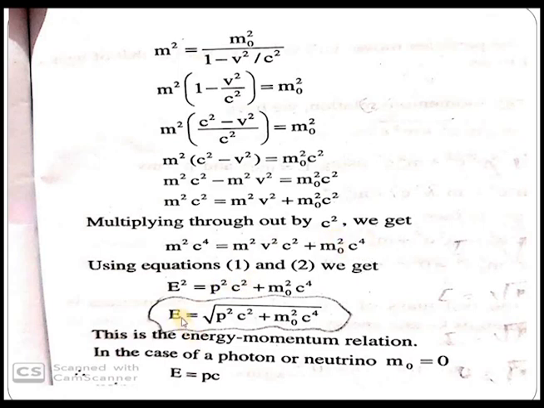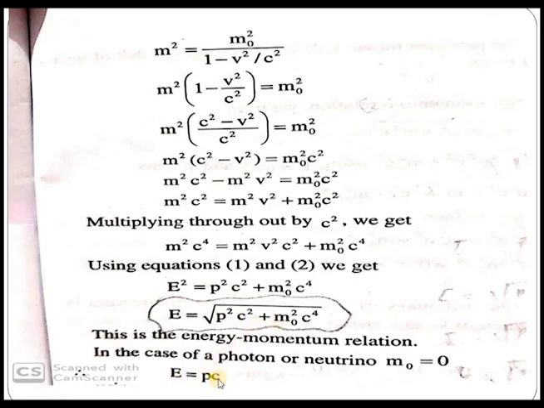Or I have the expression E is equal to root of p square c square plus m0 square c raised to 4. This is again another important relation called the energy momentum relation. And in the case of a photon or neutrino whose rest mass is 0, I'll have a shortened form of this equation as E is equal to root of p square c square plus 0, or E is equal to pc.